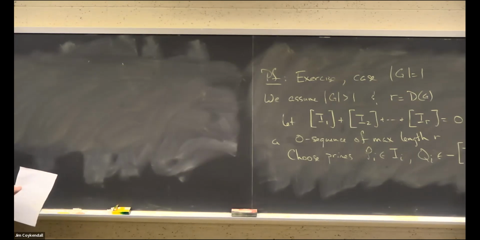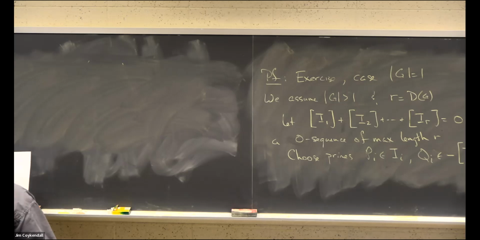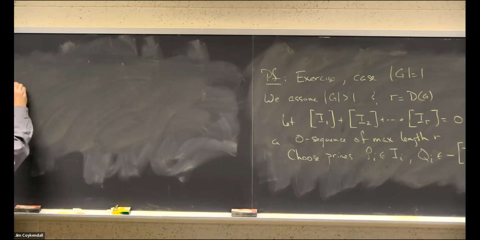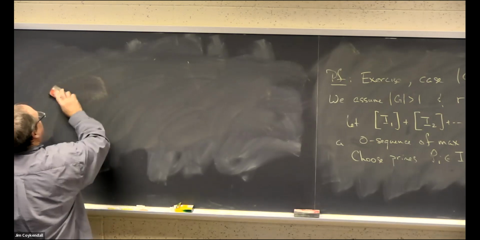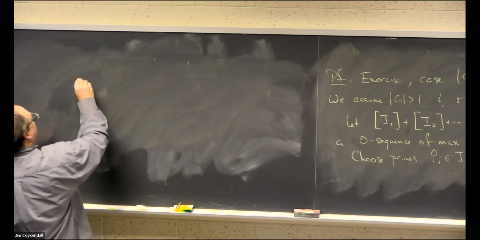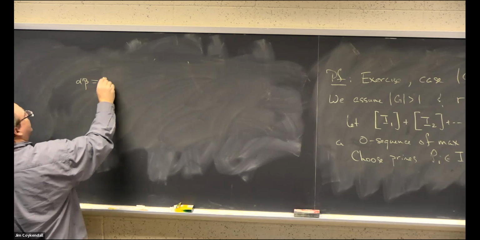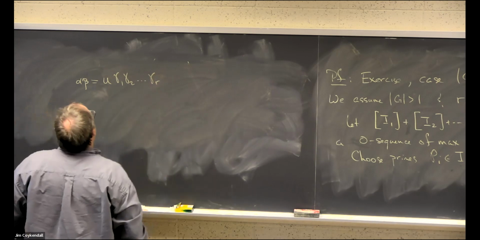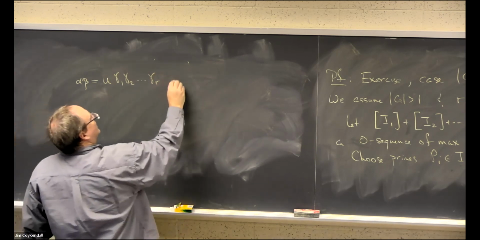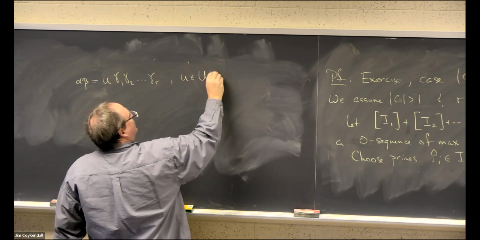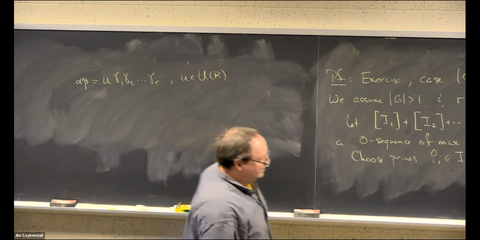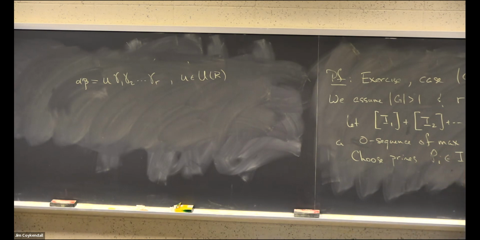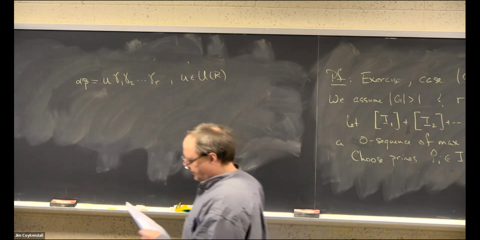So what we have is alpha beta equals the product of gamma_i, times a unit, just by comparing the prime ideal factorization.